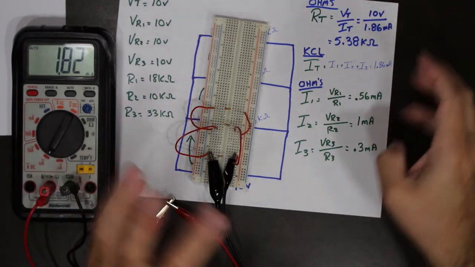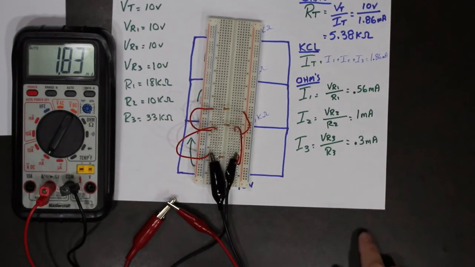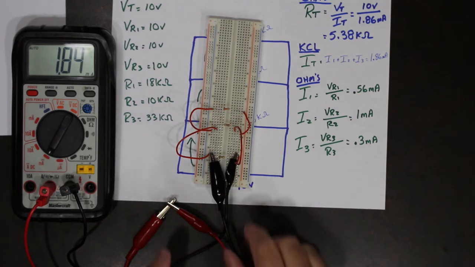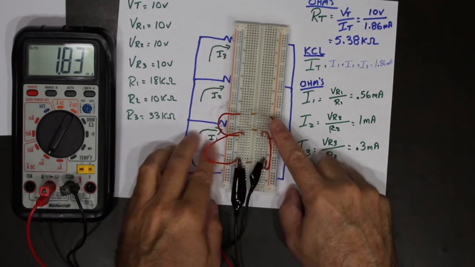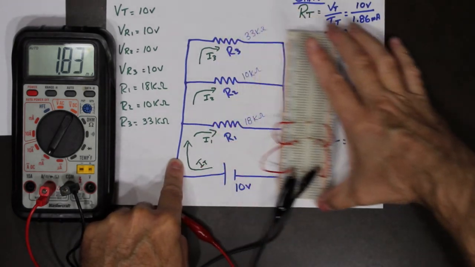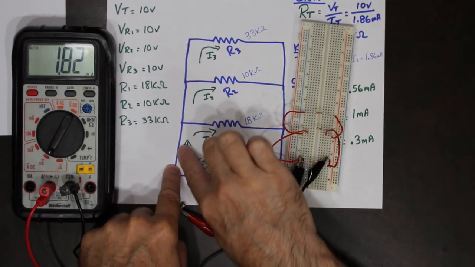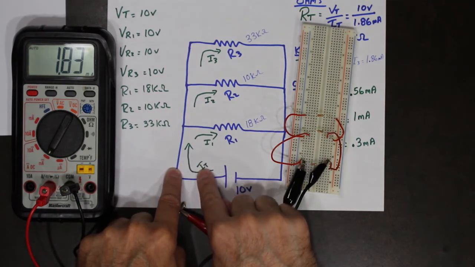So with our calculation error and our measurement error, that is well within what we would figure to get. So this is where I would measure I total. So that would be right here, down this wire. So I break the circuit here, put the ammeter in, and I am measuring I total.